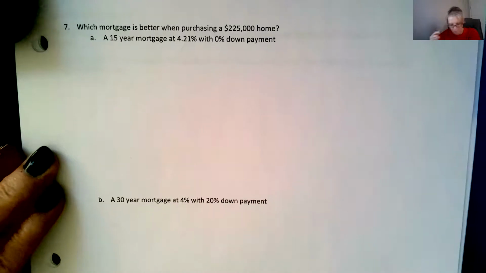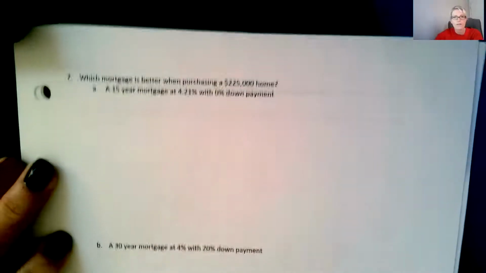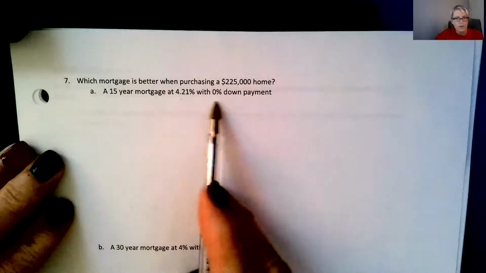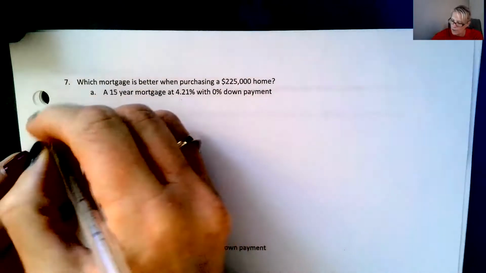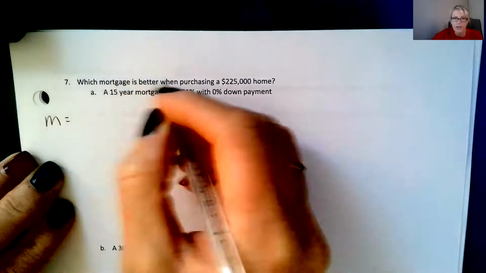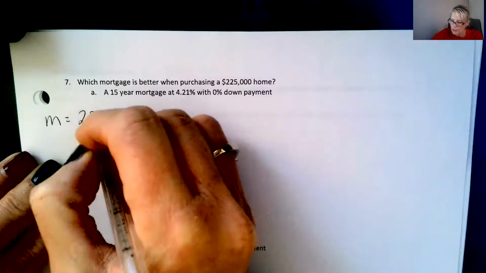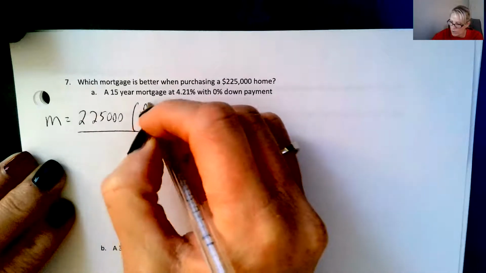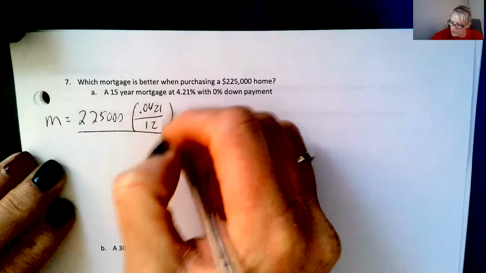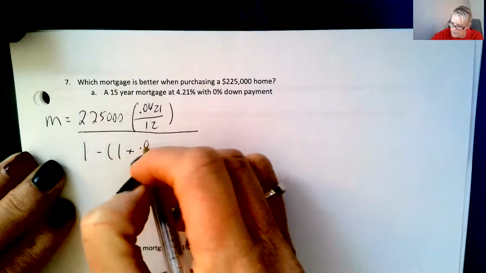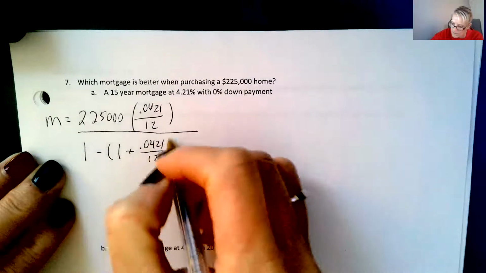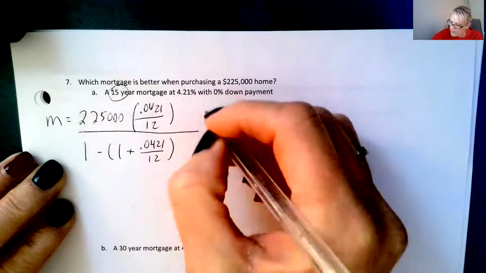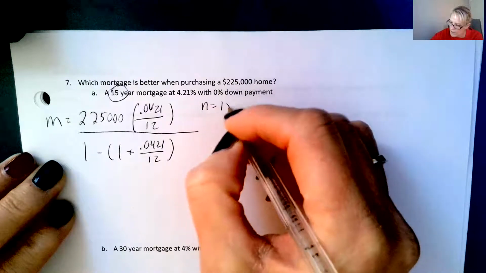Okay. So let's look at the first one here. So this one was 0% down. You have got your monthly payment here that you are borrowing at $225. You're borrowing the whole thing. And 0.0421 over 12 is your interest rate. And then 15 years, your total number of payments, and it's going to be 15 years, so 180 payments.